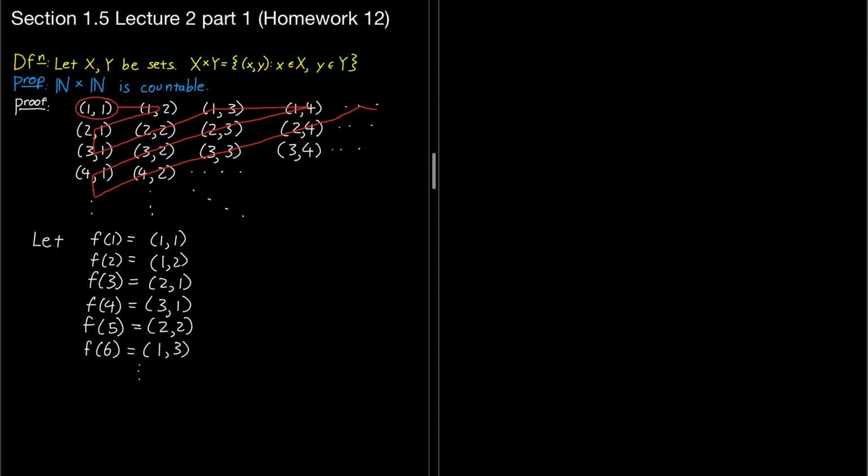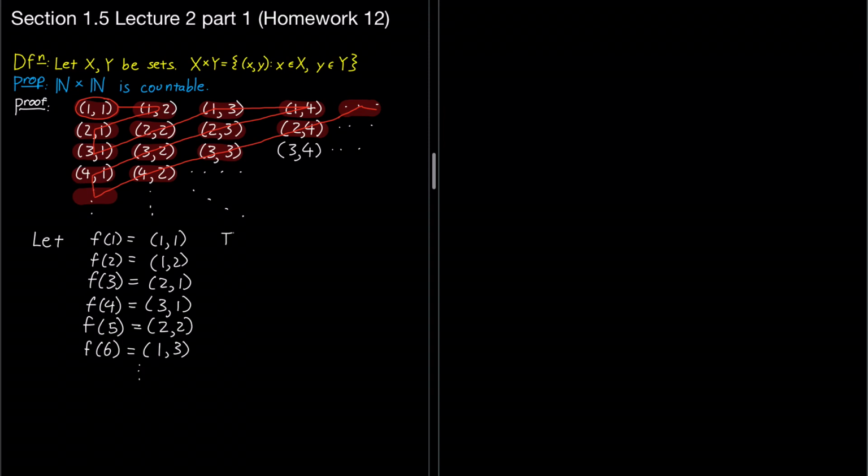So here's f(1), f(2), f(3), f(4), f(5), f(6), f(7), f(8), f(9), f(10), f(11), f(12), f(13), f(14), f(15), and so on. If you put your mind to it, you can write down a nice formula for f(n), but it's really more trouble than it's worth.